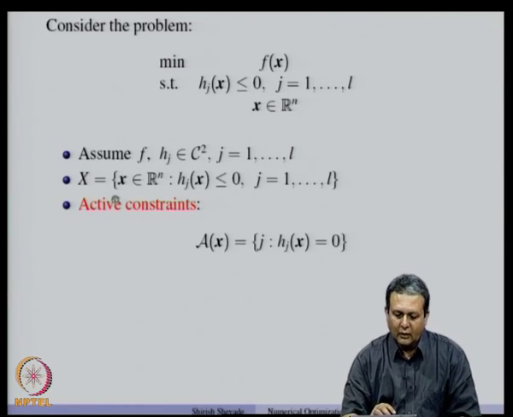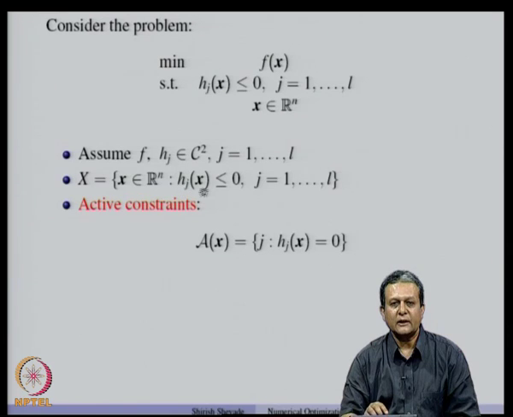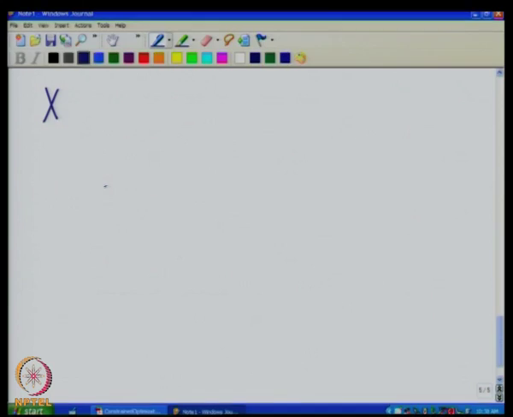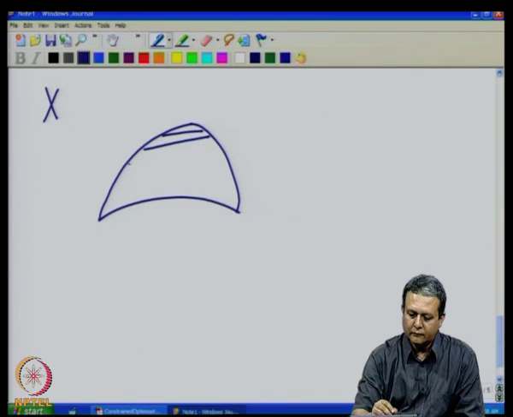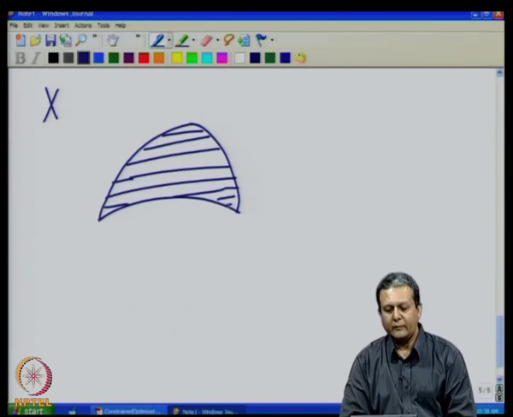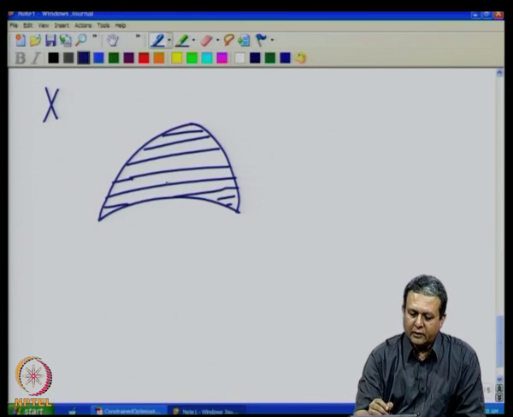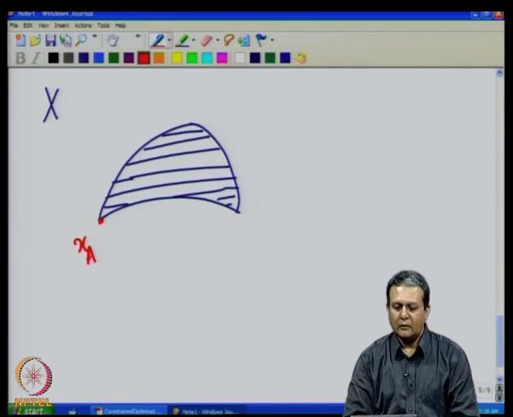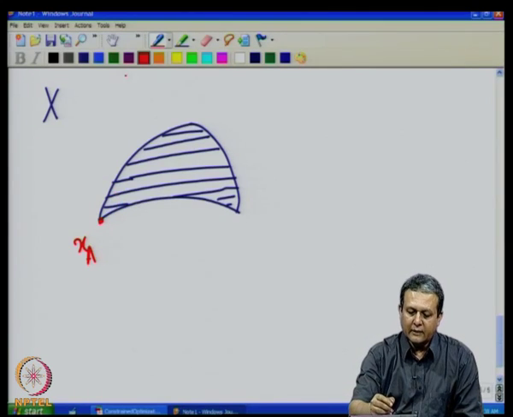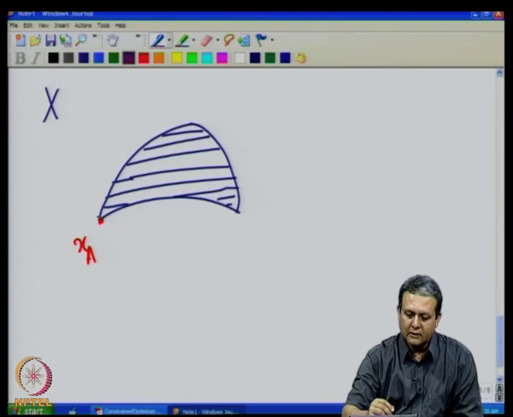Now let us denote X by the set of all Hj(x) less than or equal to 0, j going from 1 to L. Let us consider a constraint set that we saw earlier, the set X. So, this is the set X. Now this constraint set is made up of, say, 3 inequalities which are shown here.